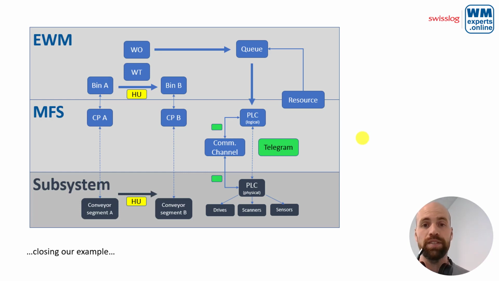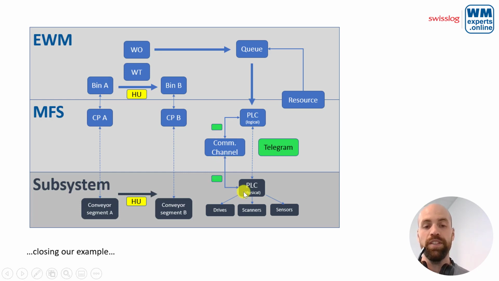And to close our example that I raised at the very beginning, where we moved the HU logically from bin A to bin B, we now moved the HU physically from conveyor segment A to conveyor segment B. And we did that based on a telegram, which was moved from EWM MFS via communication channel data to the physical PLC.